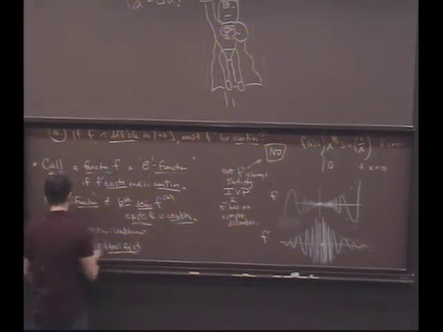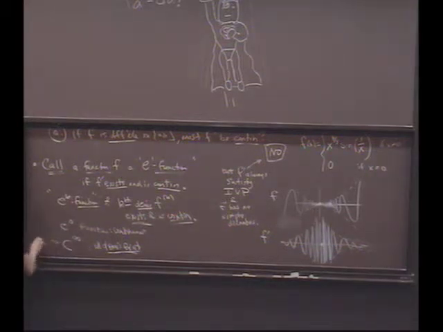And we also have another name for C infinity functions. They're called, not surprisingly, smooth. So if you hear the term smooth in mathematics, it's actually a technical term. It means all the derivatives exist.